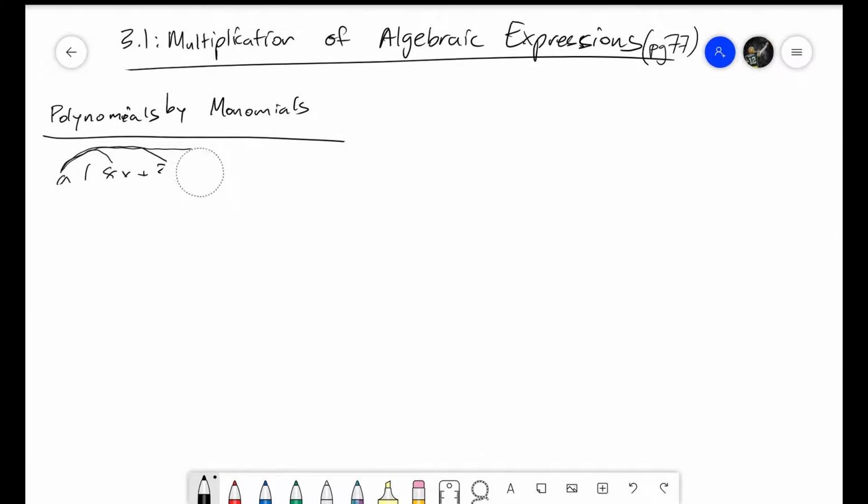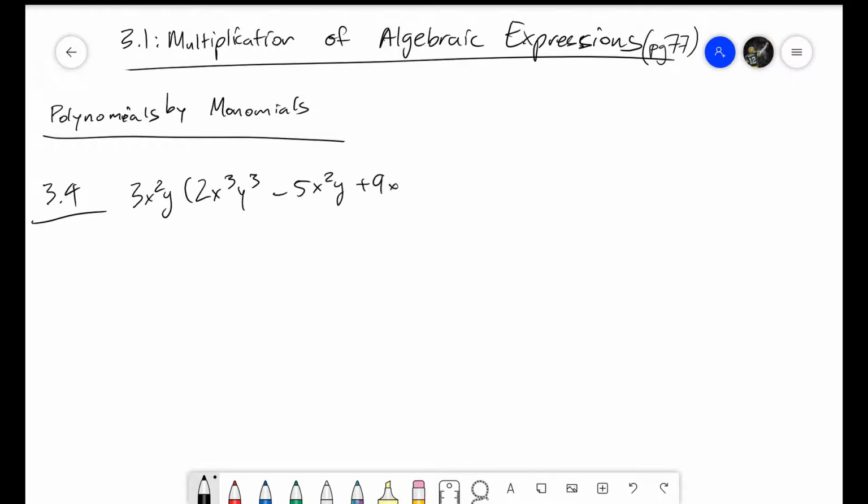So problem 1, 3.4. What is 3x squared y times 2x cubed y cubed minus 5x squared y plus 9xy? So to do this, you have to multiply this term, 3x squared y, by every term in this polynomial.